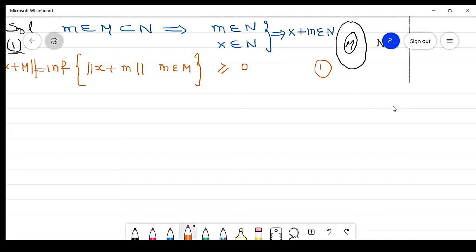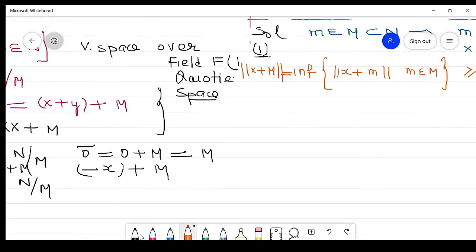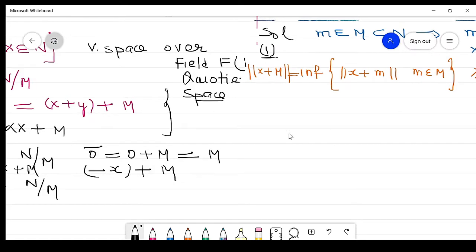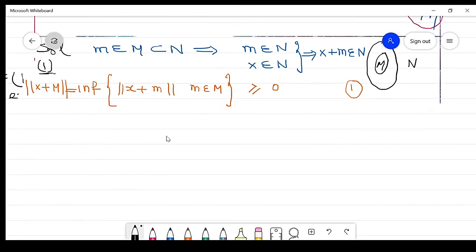Now the second property. If this norm is positive, then each vector is 0. If each vector is 0, then this norm is positive. What is the second property? Let the norm of x plus M be equal to 0, right?